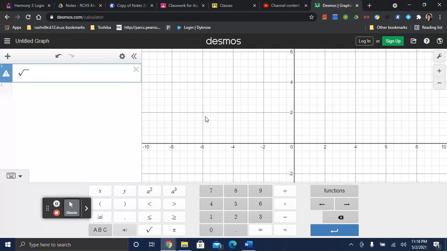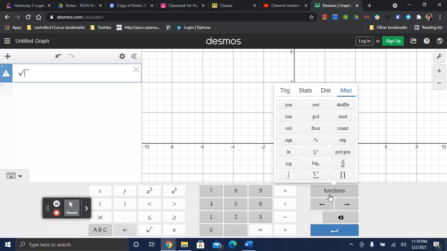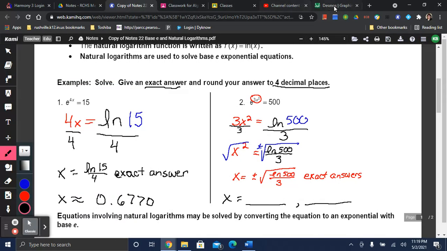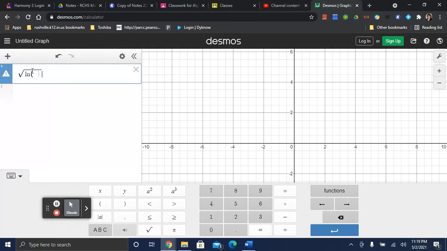Put that in first, then the natural log of 500 and then divide by 3. Those are parentheses, and make sure that your division also goes inside the square root. So make sure that square root covers all of this, and so all of it divided by 3.